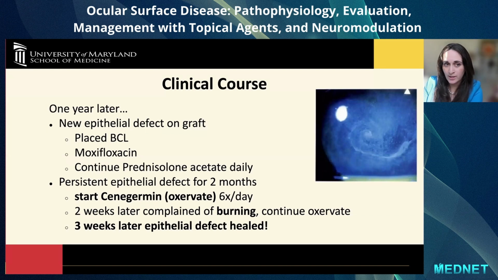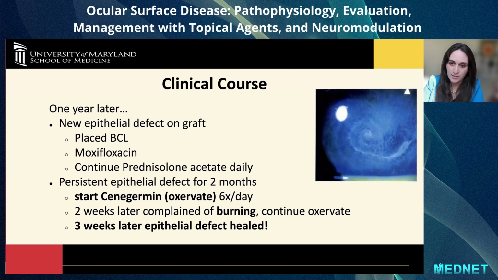1 year later, she then had a new epithelial defect on her graft. A bandaged contact lens was placed. She was started on moxifloxacin, and we continued the steroid once a day because of the graft. She had a persistent epithelial defect. She was started on Oxervate 6 times a day, and 2 weeks later, she came in complaining about burning.